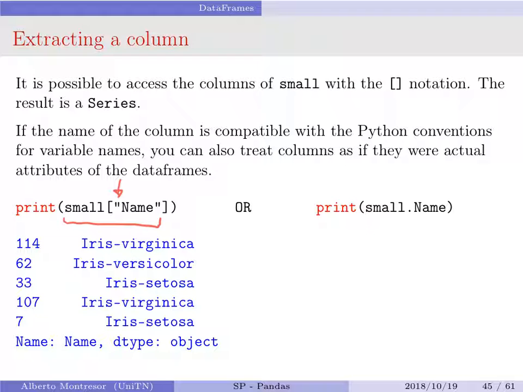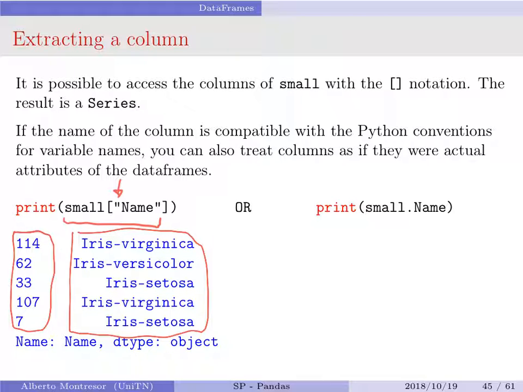And what I get is the index, because this is always associated. I get a series, and the values which are associated with the column name. And so Iris virginica, versicolor, setosa, virginica, setosa.